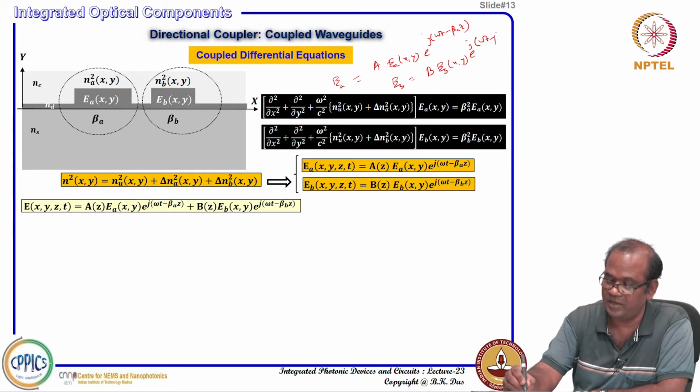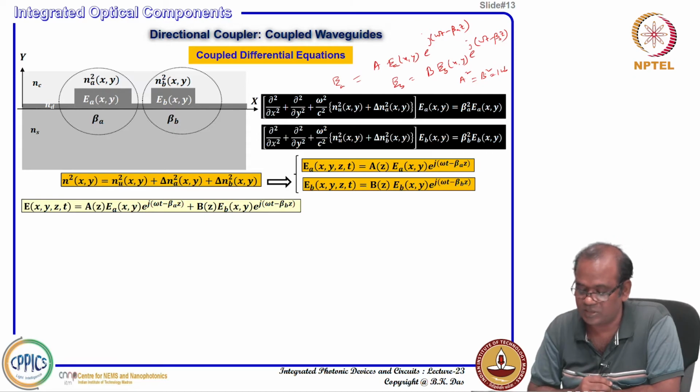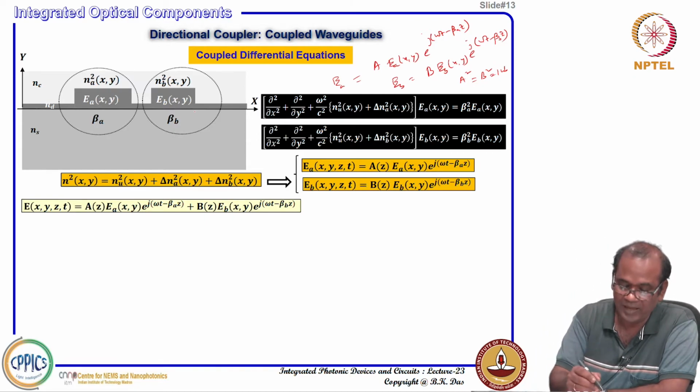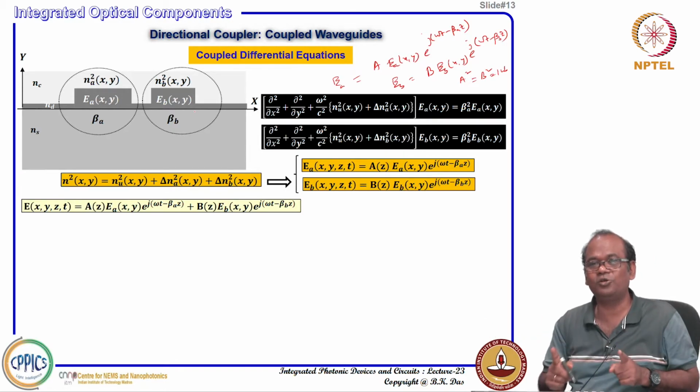If they are non-identical, you can also consider something like this, and with A squared equal to B squared you can consider 1 watt, with A equal to 1 and B equal to 1 as the normalization constant. However, when they are interacting with each other, you are breaking the orthogonality condition.